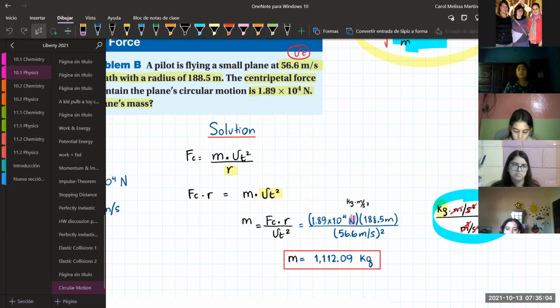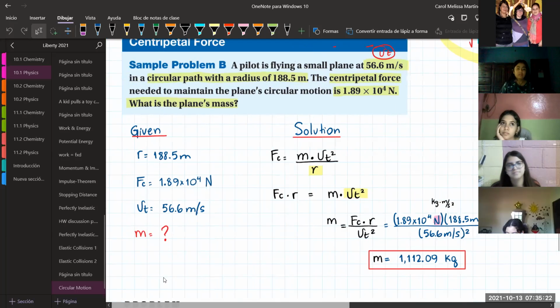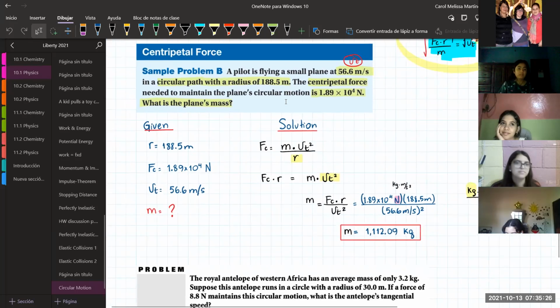Now, if for example I give you the force in pounds, then you wouldn't get kilograms. You will have to perform a conversion before starting the problem. But that's a different situation. I'm just telling you how to deal with it. That's going to be the final answer. I don't know if you have a doubt about this exercise.